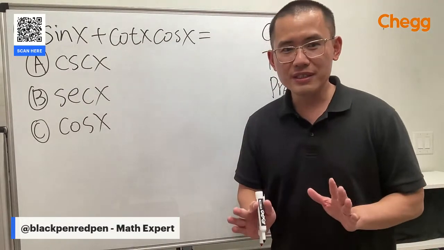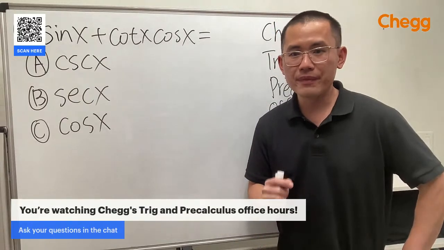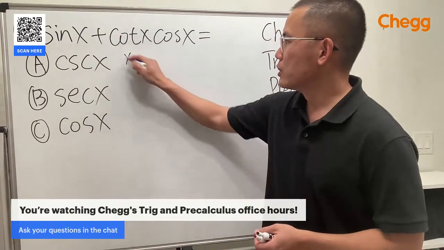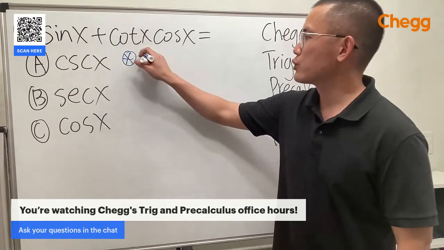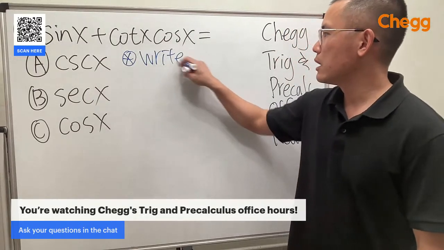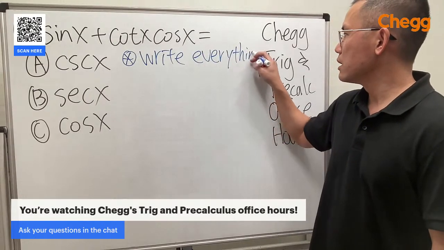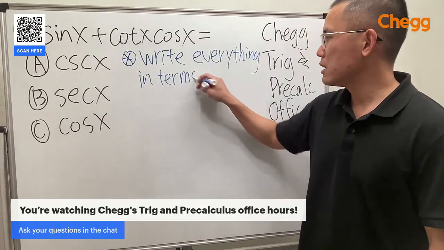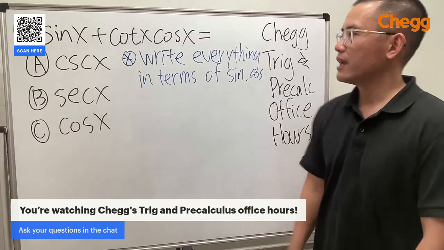One strategy is you want to write everything in terms of sine and cosine. That's the first thing, right? So perhaps I will just write this down right here for you guys. One strategy is try to write everything in terms of sine and cosine.